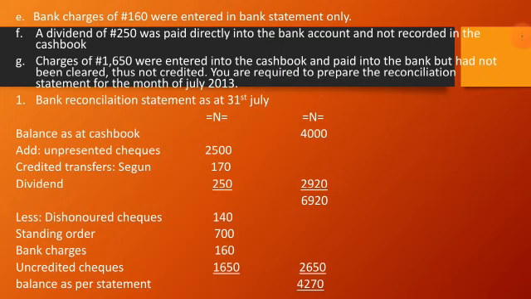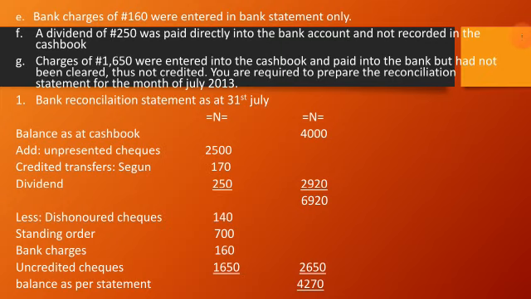If you less it from 6,920, you have a balance of 4,270 naira. And whatever balance you get at this point represents your balance as per bank statement.